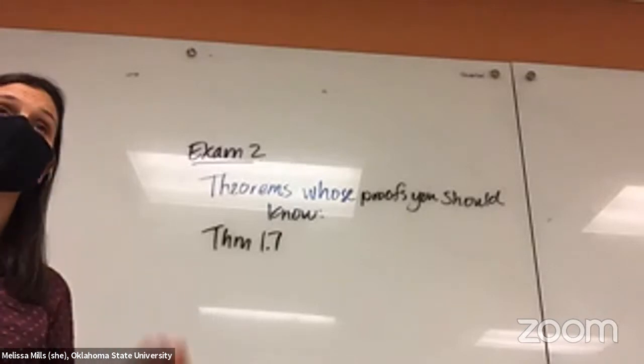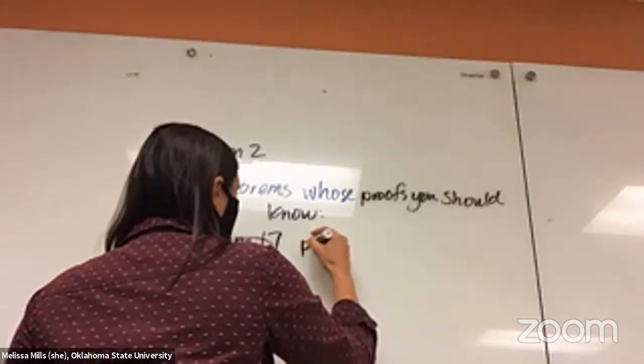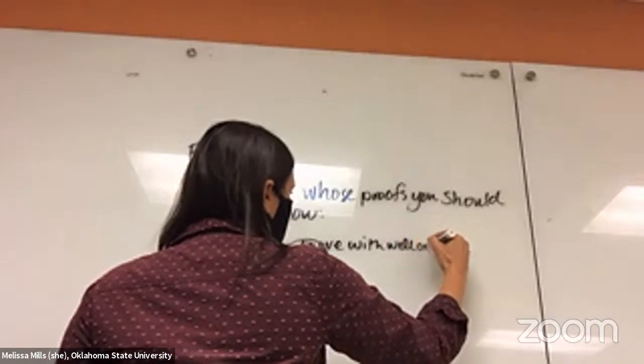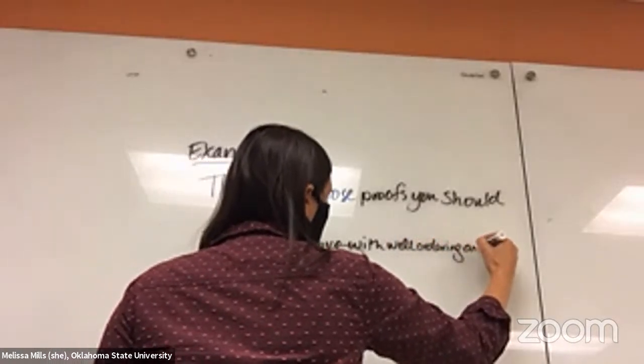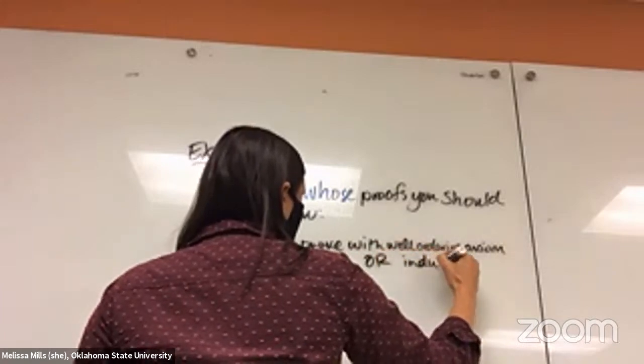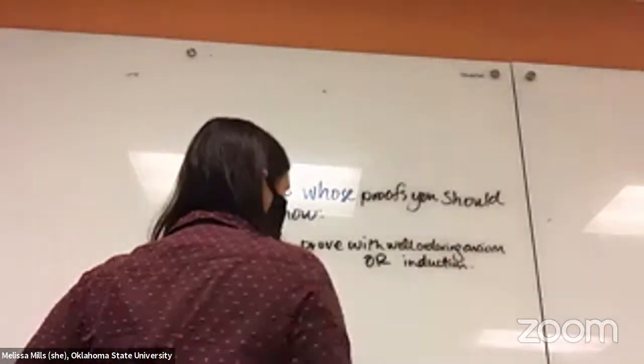And you can prove that one of two ways. You can use the well-ordering axiom, or you could do it with induction. Well, actually you have to do strong induction.